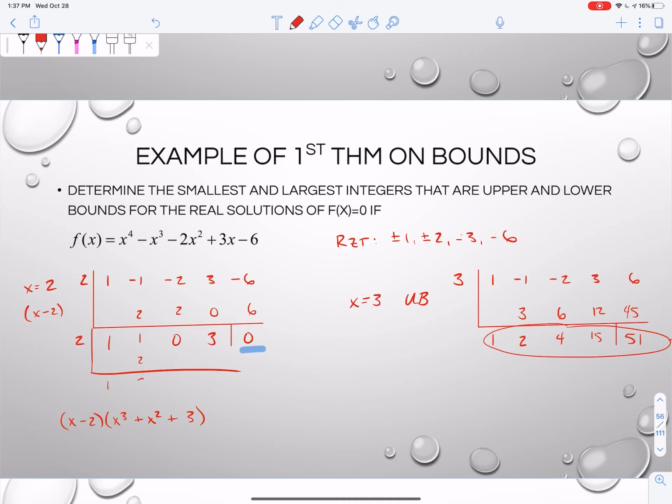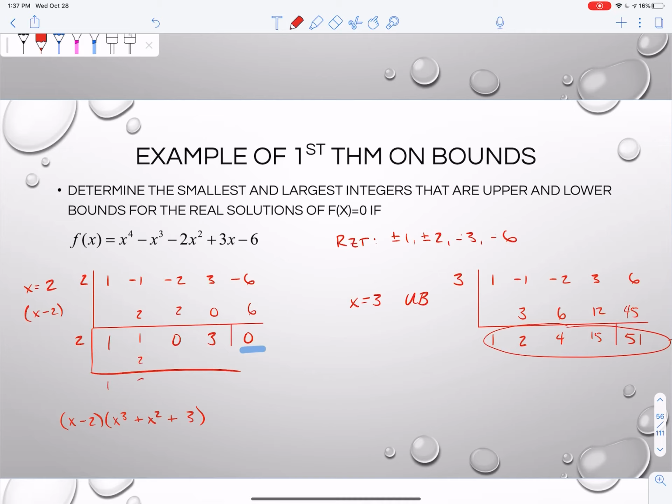This is the polynomial that was left over after I factored out this original x minus 2. If you thought about the rational zeros theorem from here, any of my possible rational zeros have to be a factor of 3 in this case. Therefore, this 2 could not possibly be a rational 0 anymore at this time. So I could have eliminated it from my list over here.